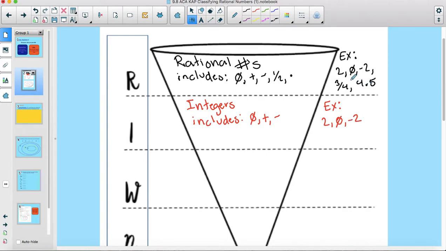If you look, those are the same first three numbers that we used for rational numbers. So those three were able to fall down the funnel into integers, but 3/4 and 4 1/2 could not, because integers don't include fractions or decimals. So the +2, the 0, and the -2 are also classified as integers.